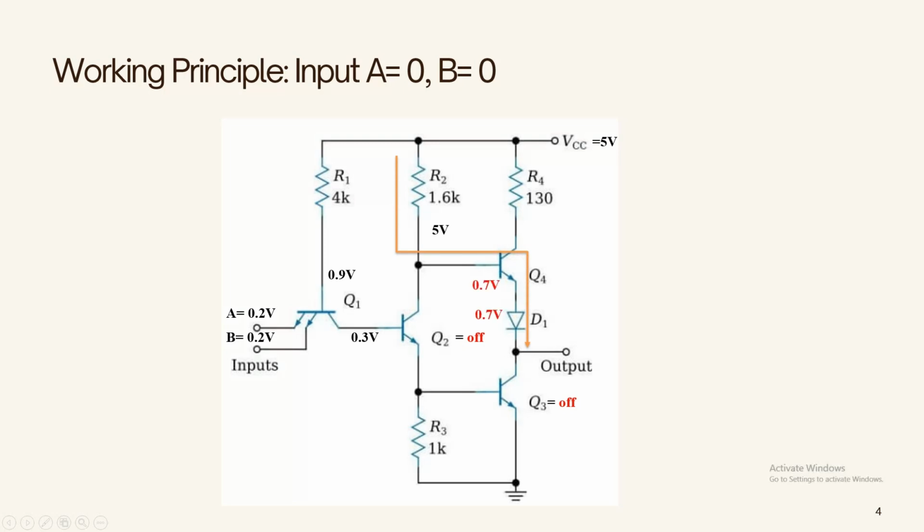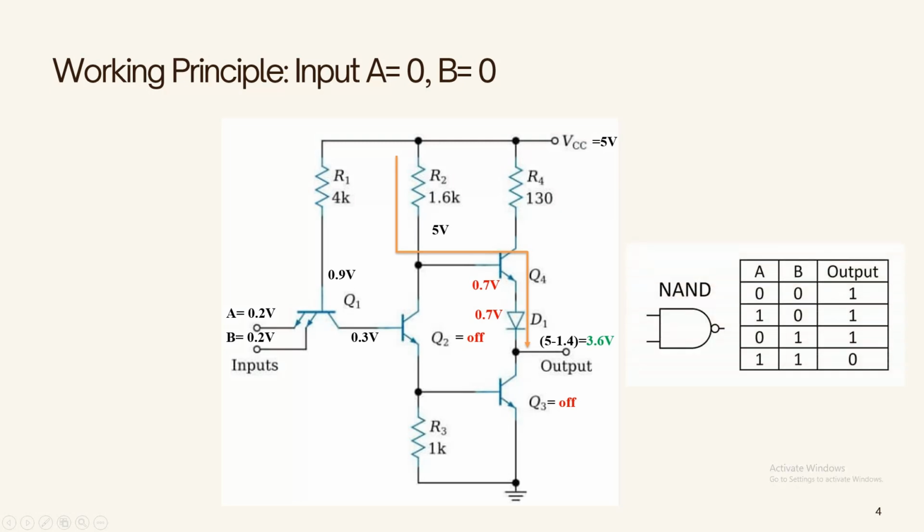As the current flows through Q4 and D1, there will be 0.7 volt drop at the base emitter junction and the D1 diode. From there, if we calculate the output voltage, it would be 3.6 volt, as we calculated from the base of the Q4 transistor. So this 3.6 volt can be registered as an output high signal, and in this situation, if we compare it to the NAND gate truth table, it satisfies the condition.